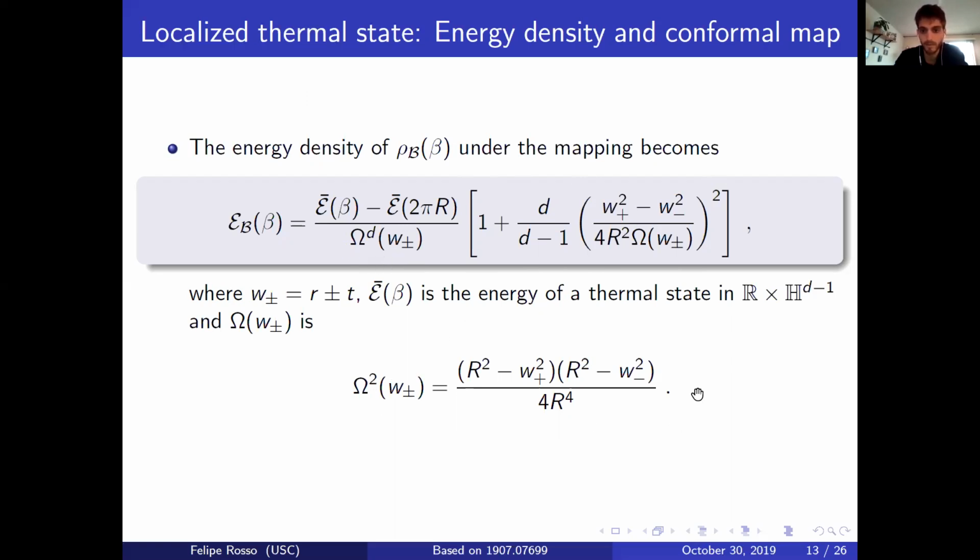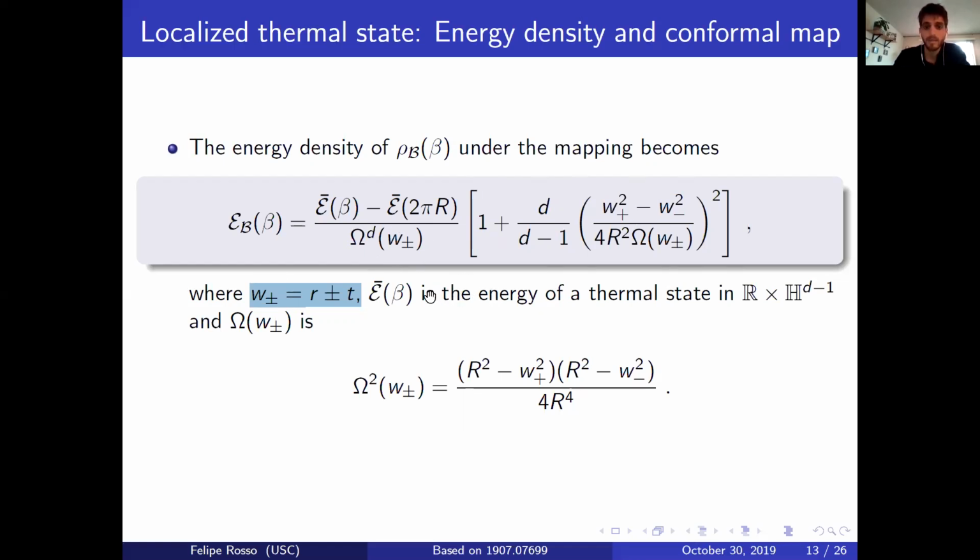Notice that the omega plus and minus are simply null coordinates in Minkowski. So the spacetime dependence of this expression is given by this conformal factor and this factor over here. Notice that all the spacetime dependence that we have over here is non-negative. It's positive, and that's an important thing.